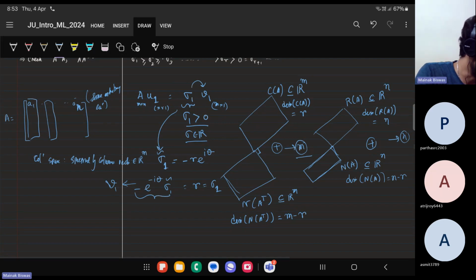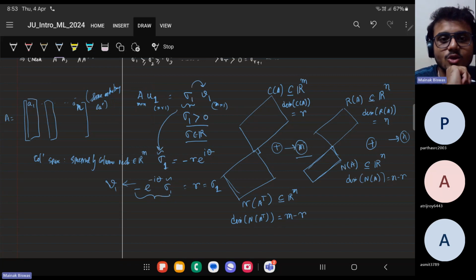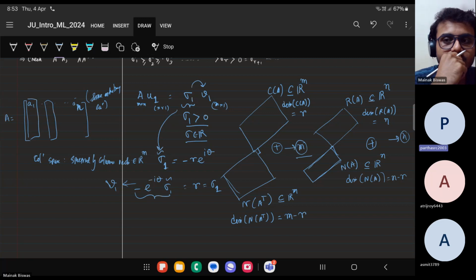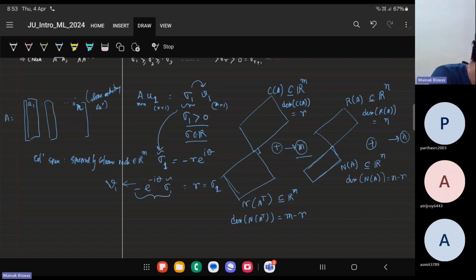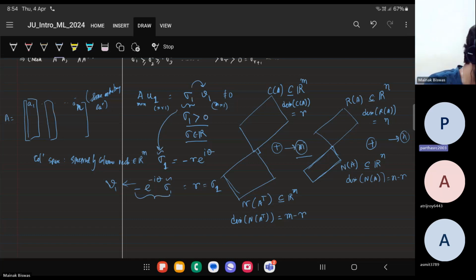Okay. So now tell me, where does U1 belong to? Which space does U1 belong to? Say this is not equal to 0. Where does U1 belong to? U1 is in Rn, just by matching dimensionality, you said.